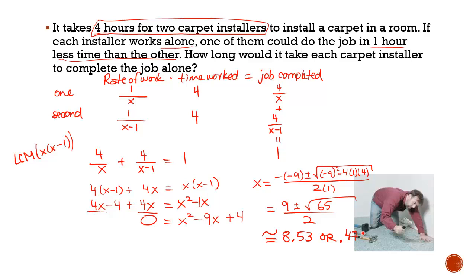So it does not make sense for them to both be able to complete the job in much less time than if they work together. So it makes more sense that 8.53 hours would be the time that it takes one worker, and the other worker would be one less than that, 7.53 hours.